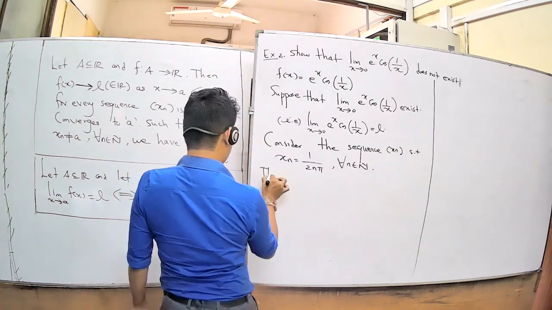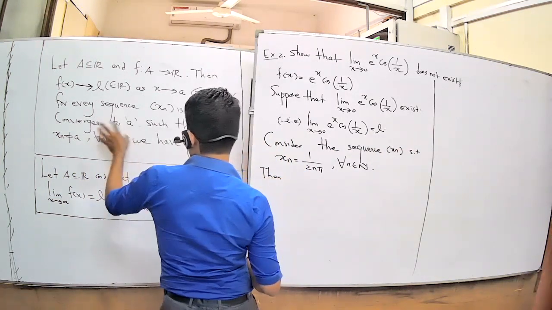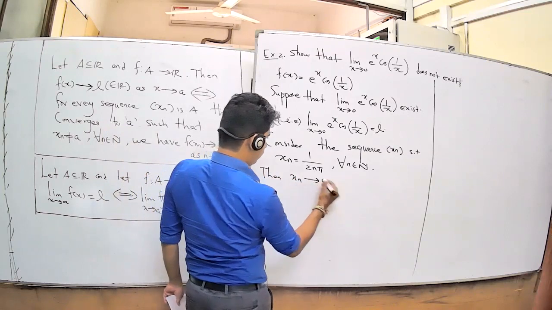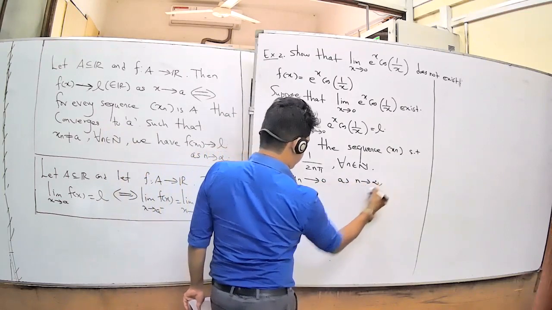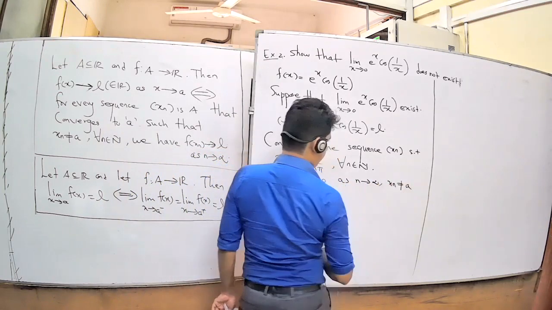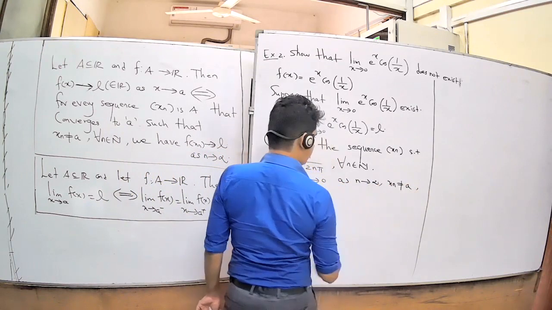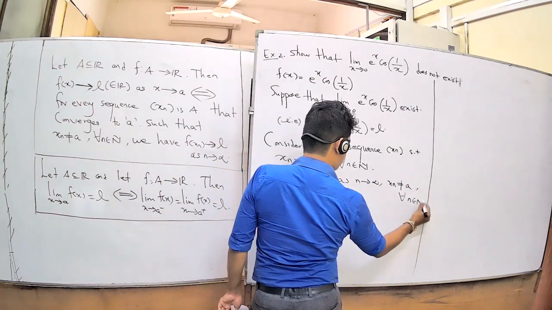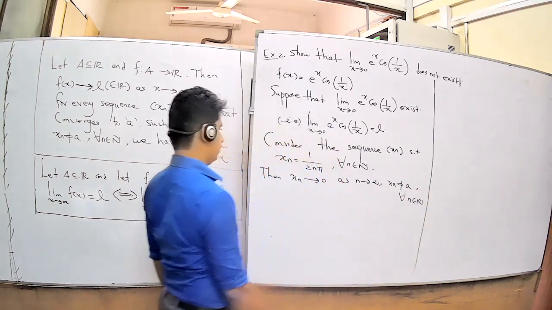Then you check the condition first. Sn tends to a, here that means Sn tends to 0 as n tends to infinity, and also Sn is not equal to a for all n belonging to the natural numbers.